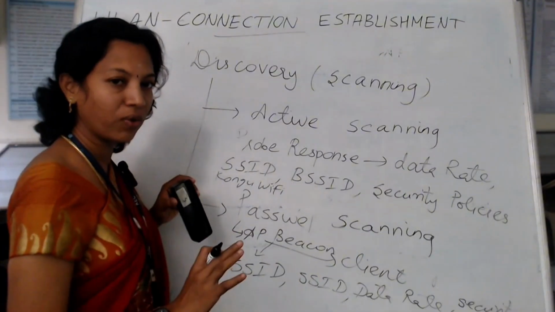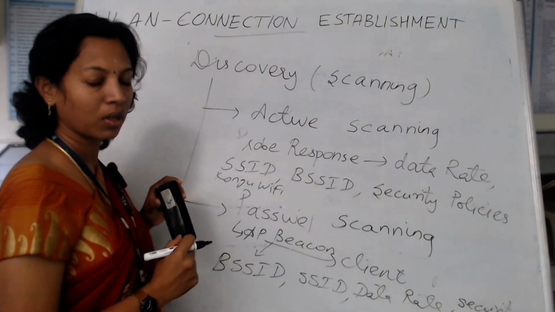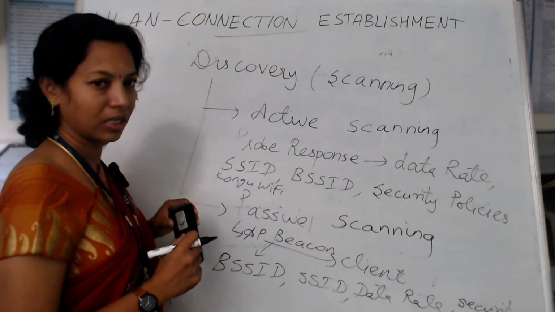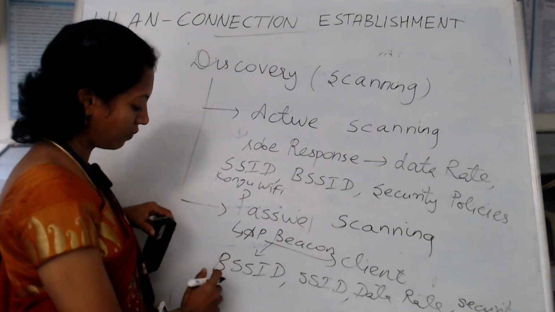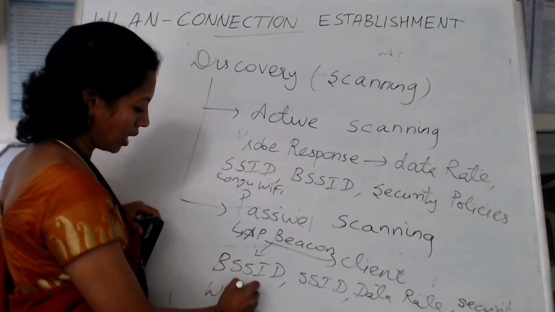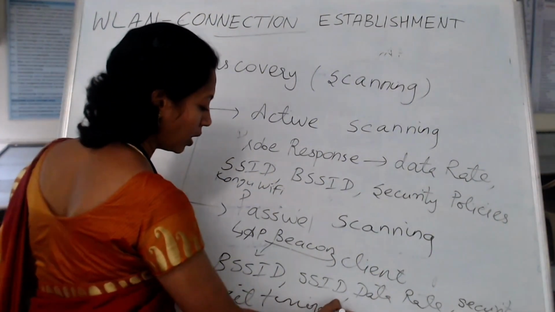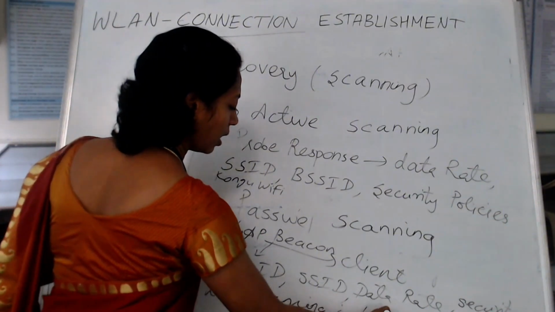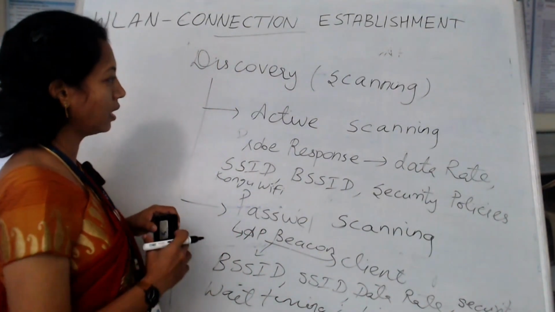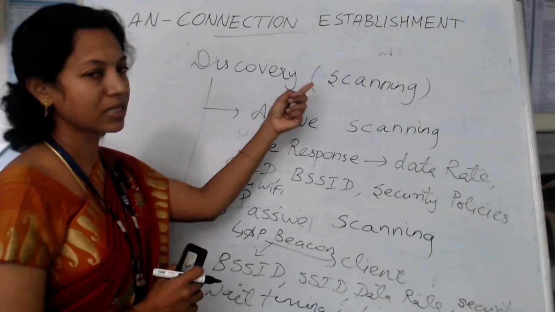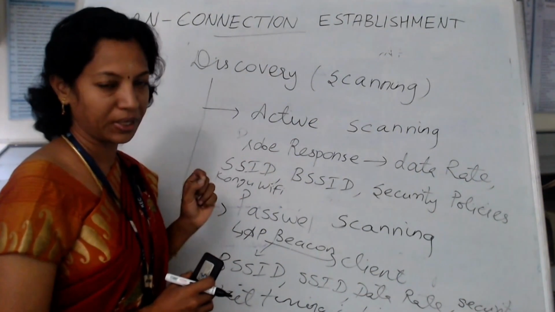It has to wait for the beacon signal from the access point. Once it gets the signal, it can initiate the process. So here the waiting time is high to discover the available APs. Here, discovery means scanning. The goal is to find the available APs.